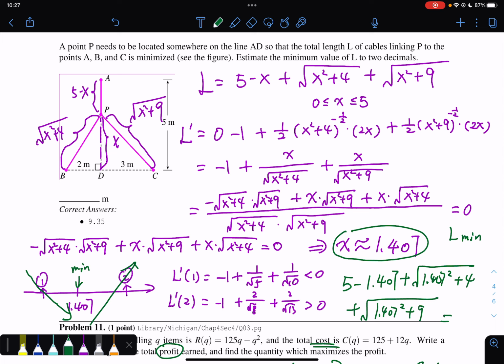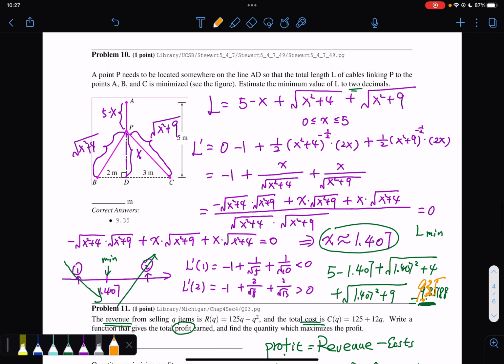So according to that, it gives me, roughly speaking, 9.35188. Well, because it only asks me to keep 2 decimal points, I'm going to end up with 9.35 as my final answer. Okay, so that's how we solve this problem number 10 in the homework.